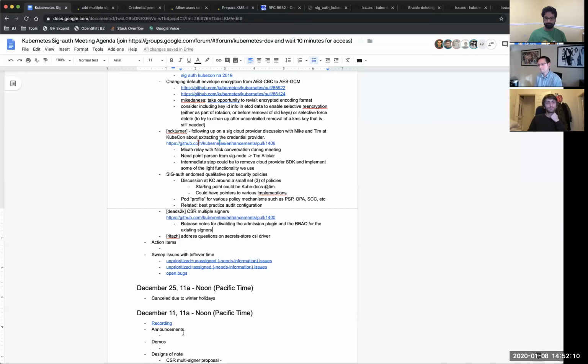Okay. Great. Around Mike's point about having people write the authorization policies that they're going to end up with, is that a point in favor of also defaulting kubelet serving certificate signer name? I think it is an argument for that.